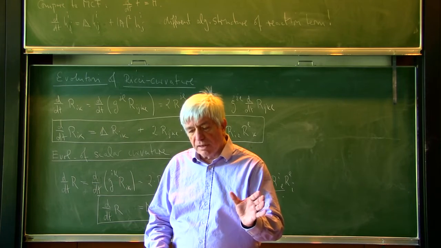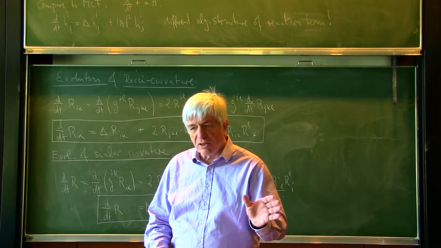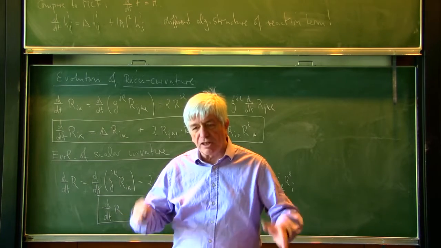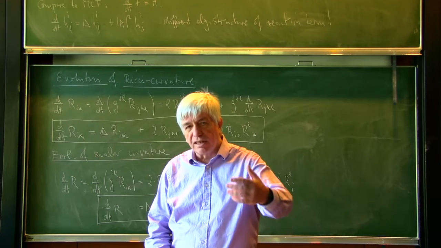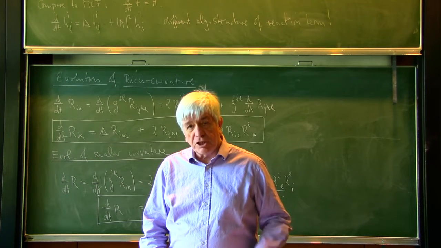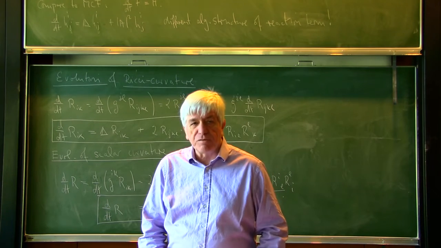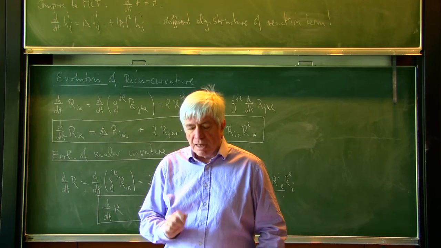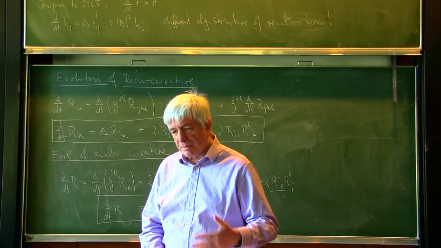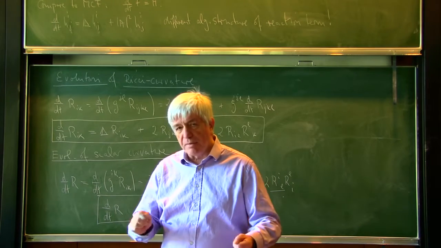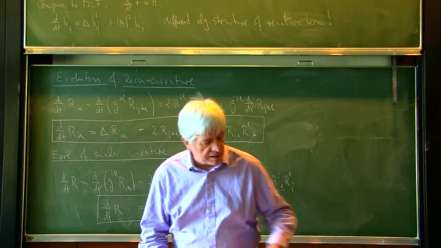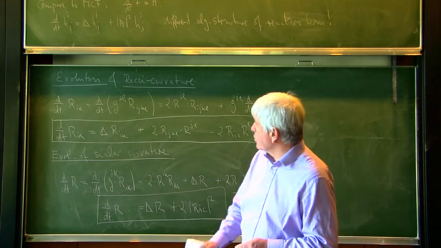So these terms are not really reflecting the change in the curvature, they are reflecting the change of the scale in which we measure the curvature. And it becomes slightly more clear if we eliminate this effect, and this is a useful trick that I want to show you.